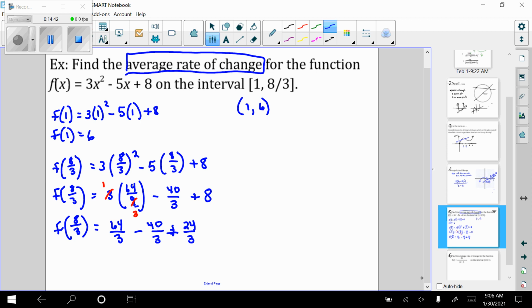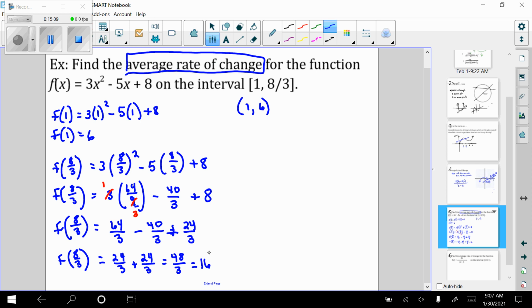So I know f of 8 thirds is, let's see, 64 minus 40 is 24 thirds plus 24 thirds, which is 48 thirds, which is a nice number, 16.